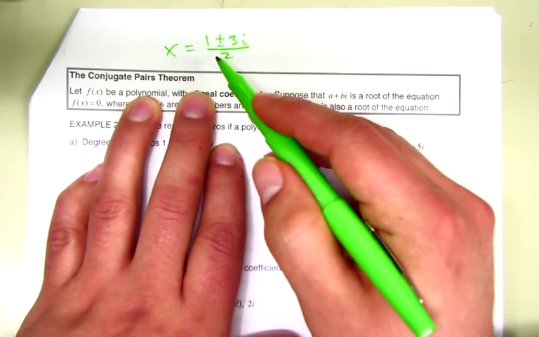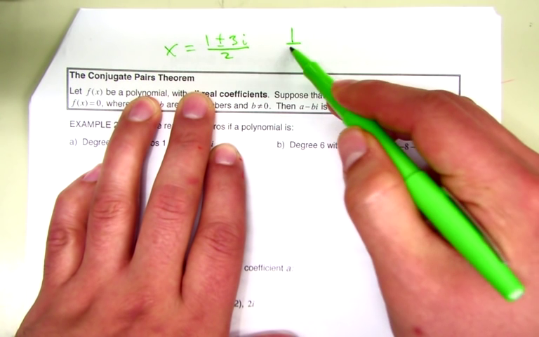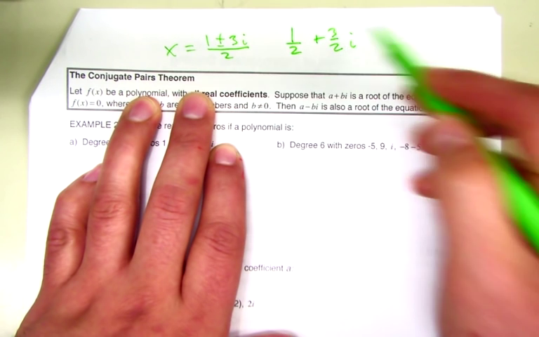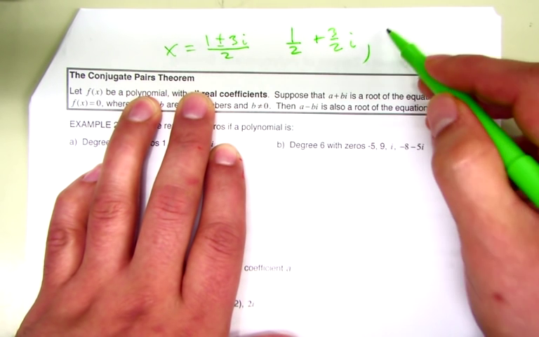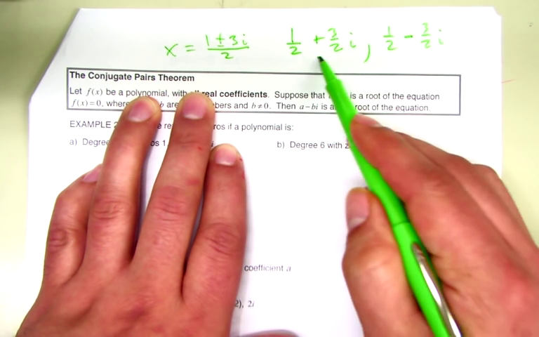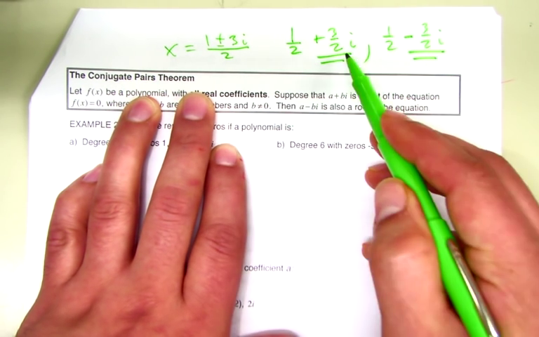Well, that's not a coincidence. Look at what we have in here. If we actually wrote them out separately, this is the same as 1/2 plus 3 over 2i, or 1/2 minus 3 over 2i. Look at the relationship. These are complex conjugates.